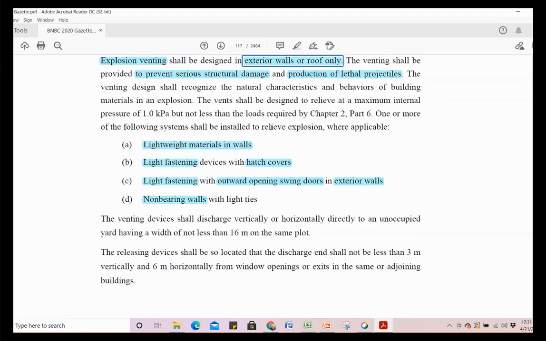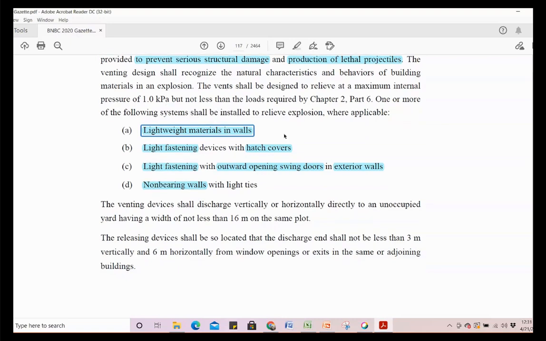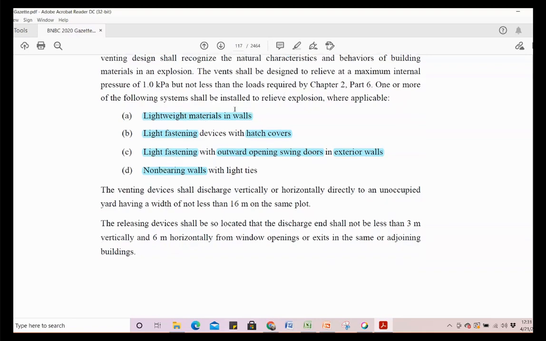In areas where such risk is involved, lightweight materials in walls are constructed. It is not attempted to control the explosion, rather within safety provisions, it is allowed to vent it out in some direction.